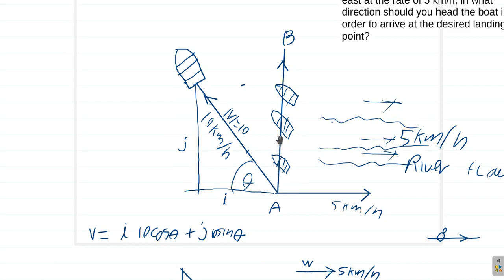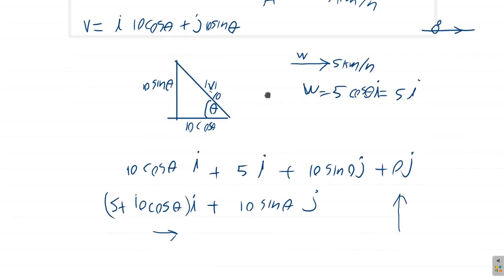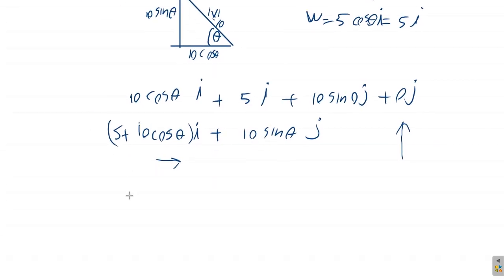You're supposed to be going straight across. So the i component must be 0. So 5 plus 10 cos theta is supposed to be 0.